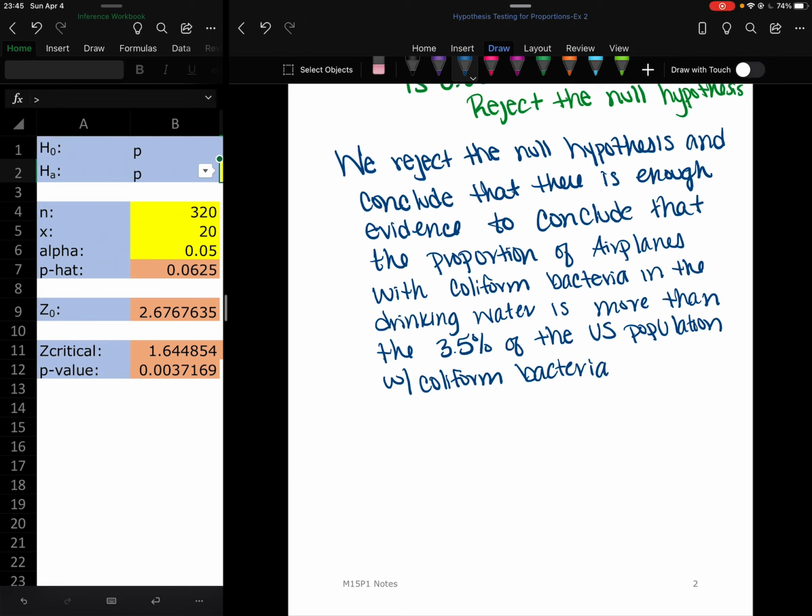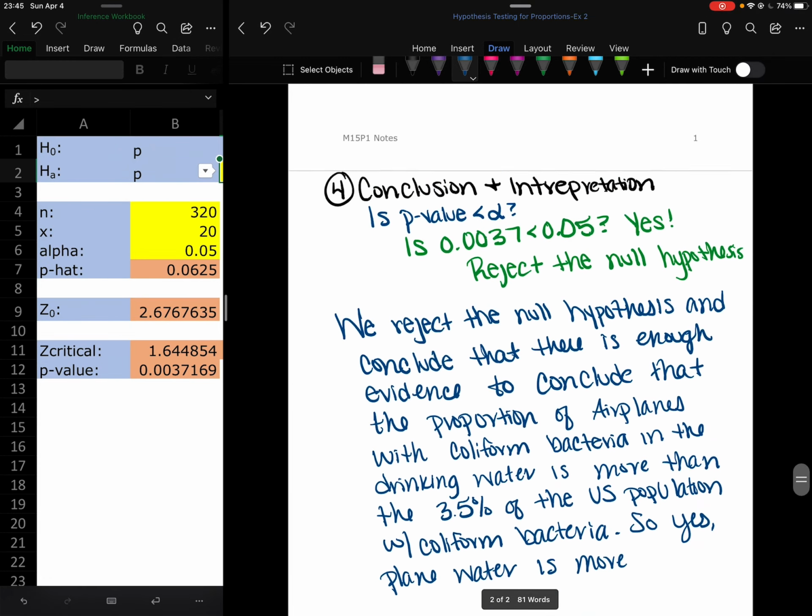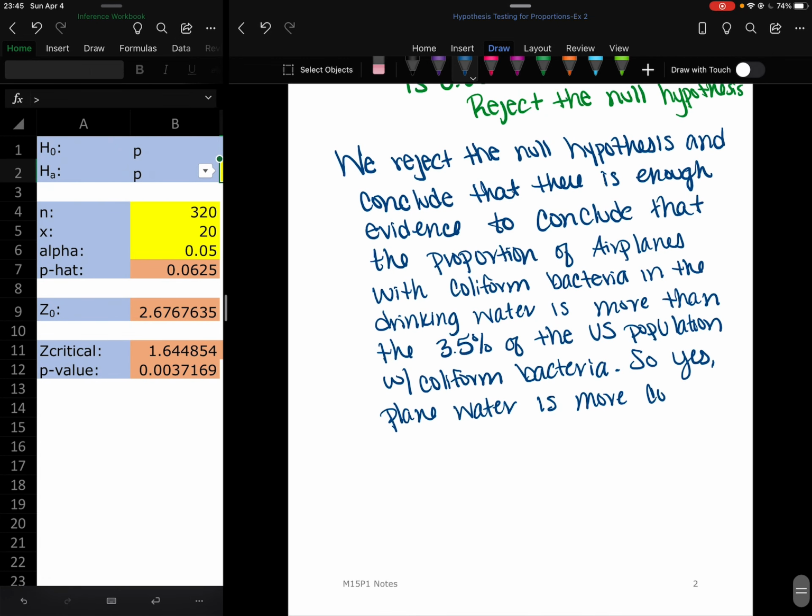You could also put a summary here. So yes, plain water is more contaminated than drinking water in general.